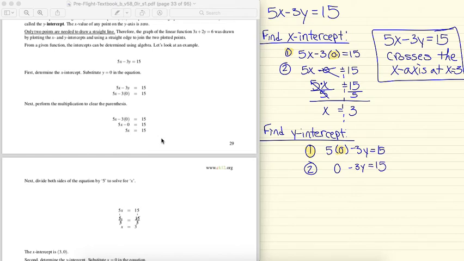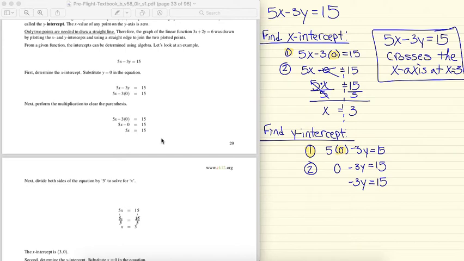Just like when we were finding the x-intercept, plugging 0 in for a variable cancels that whole piece out because 0 times anything is just 0. And adding and subtracting 0 really doesn't change anything for our numbers. So we really don't need to write this 0 minus 3y. We can just write this as negative 3y equals 15.